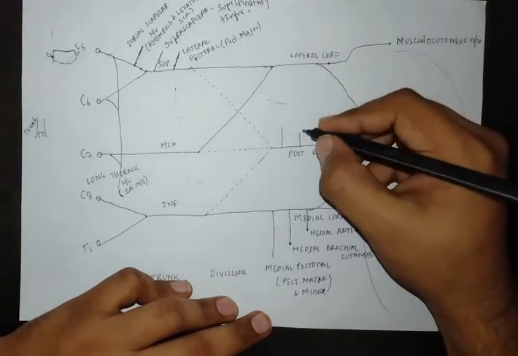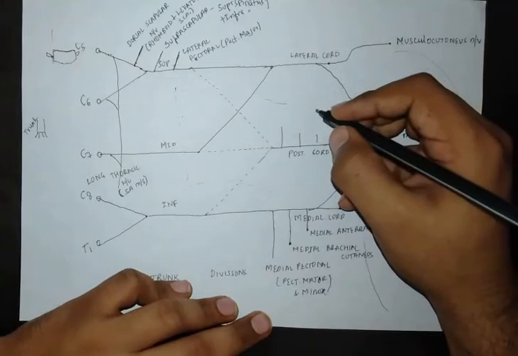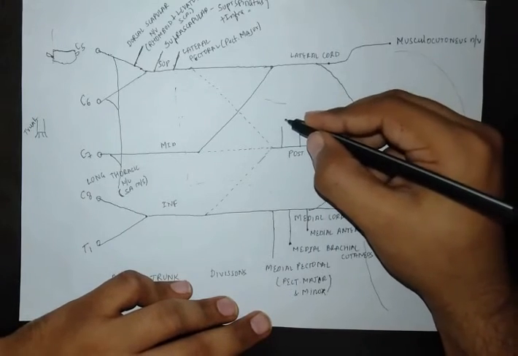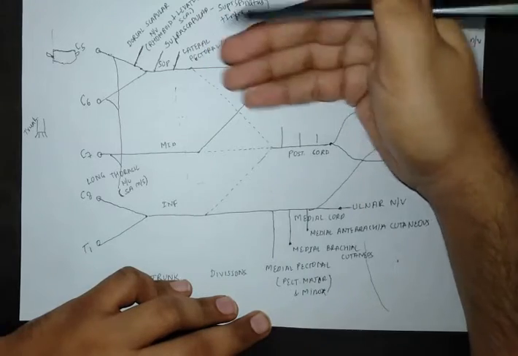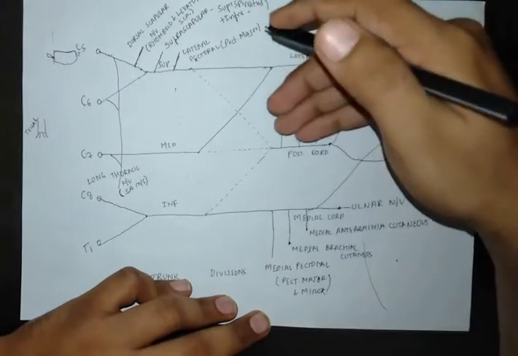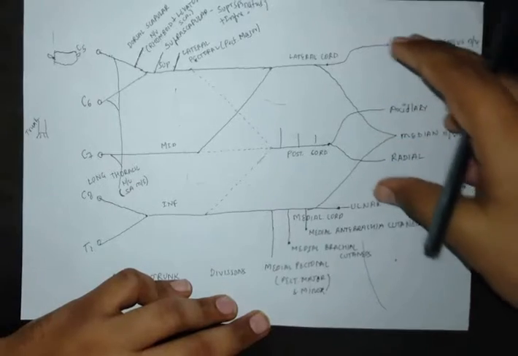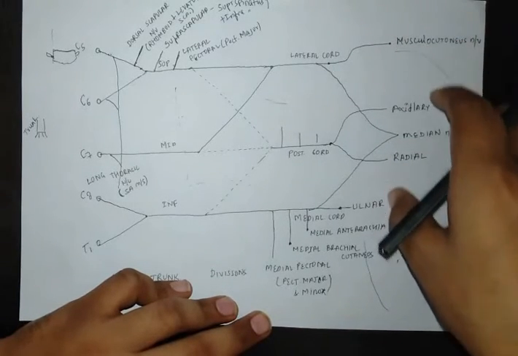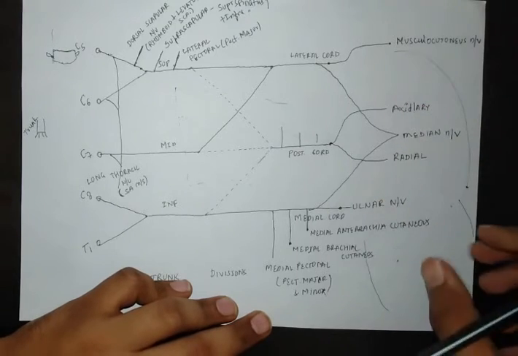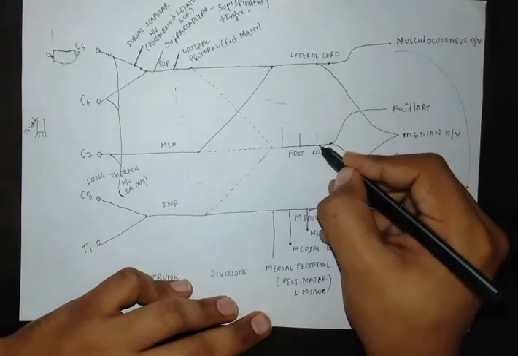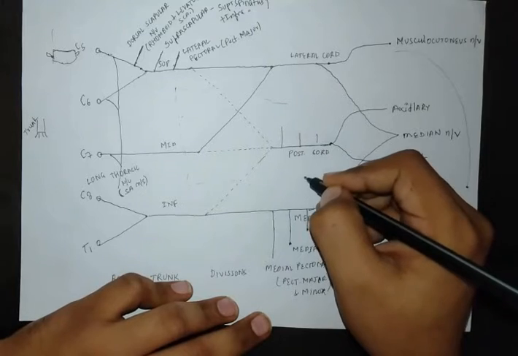Now coming to the posterior cord. After supplying the dorsal side of the scapula, now it wants to supply the anterior side of the scapula. The terminal branches start supplying from here, the arm, deltoid, and those muscles, so there are a few muscles left in between which are on the anterior side.